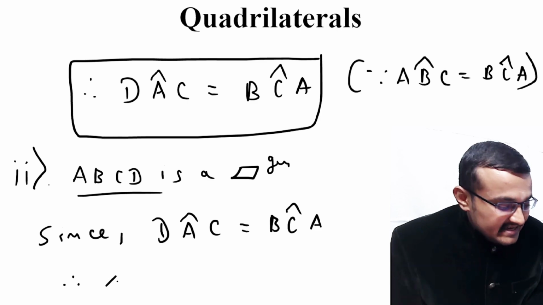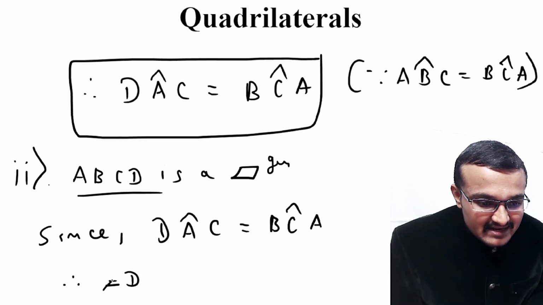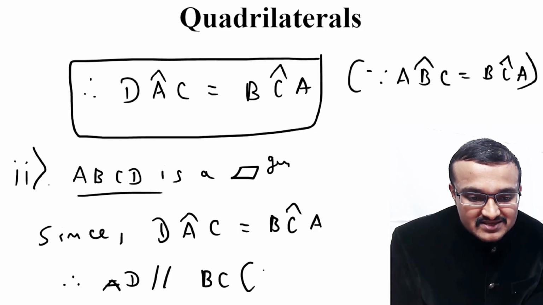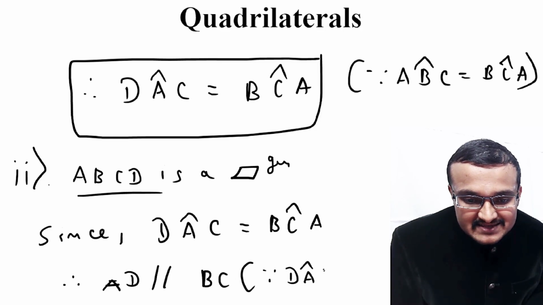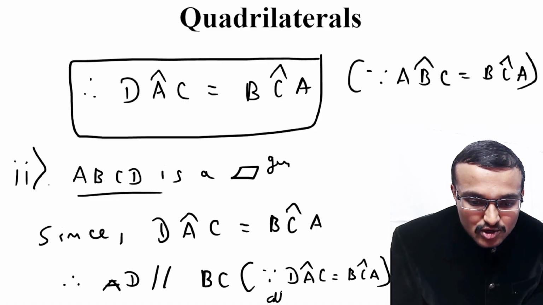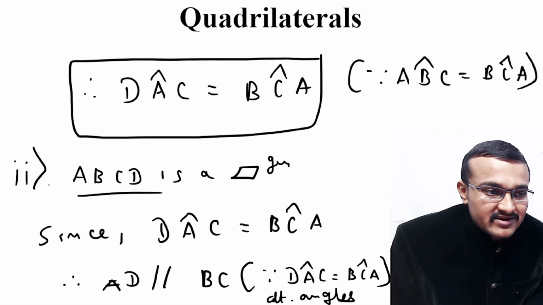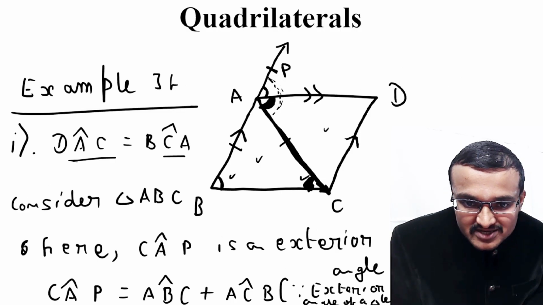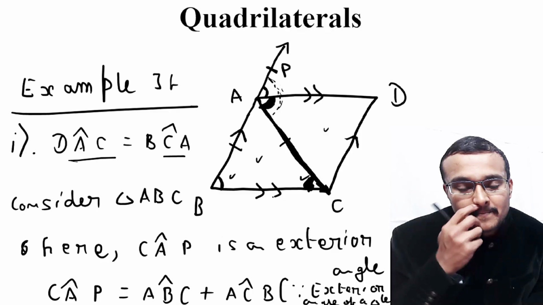Therefore AD will be parallel to BC. This is because DAC is equal to BCA, which act as alternate angles. So here if you look at this particular diagram, and if you consider AC as the transversal line, then this particular line AD will be parallel to BC.